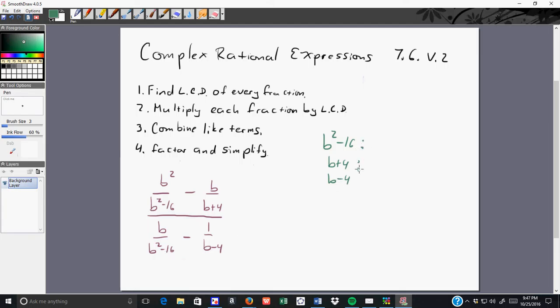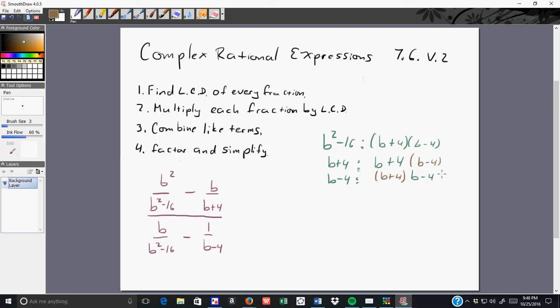Well, b squared minus 16 is really b plus 4 times b minus 4, which means here I have a b plus 4, and here I have a b minus 4, which means that in order to have a common denominator, here I would need to multiply by a b minus 4, and here I need to multiply by a b plus 4.